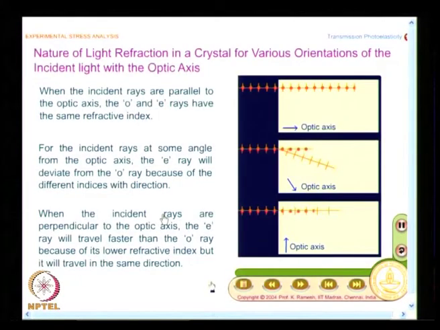So, whatever happens to refractive index, I can match it on the stress tensor. And here what I am showing, for a single incident ray, in general you have two refracted beams, but when it is perpendicular to the optic axis, they travel in the same direction, and acquire a phase retardation. So, this is what happens in photoelasticity.